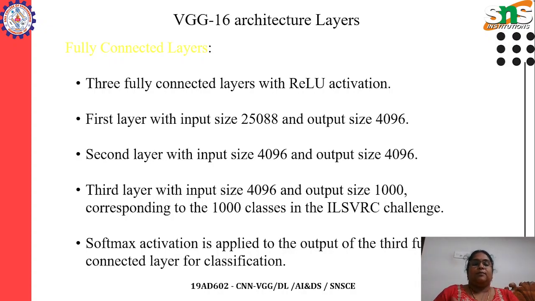So the processing takes place one by one, from convolution layer 1 to 2, 2 to 3, 3 to 4, and it goes on. The third layer input size is 4096 and output is 1000, corresponding to 1000 classes. The softmax is applied at the last layer, to the output of the third fully connected layer, for classification.